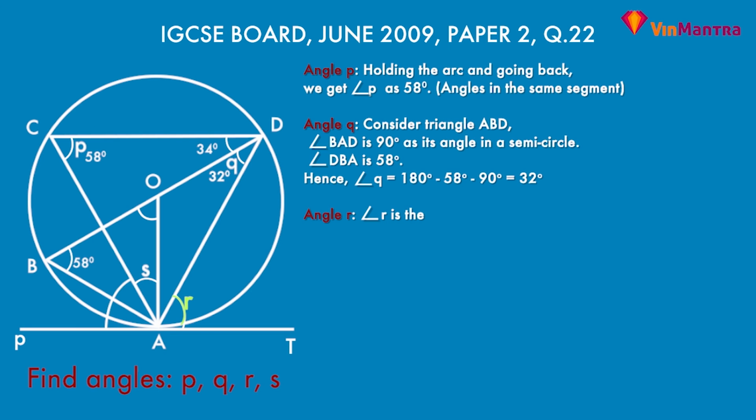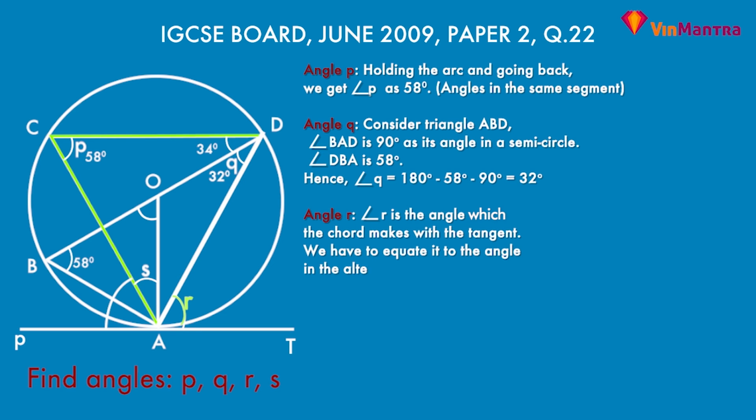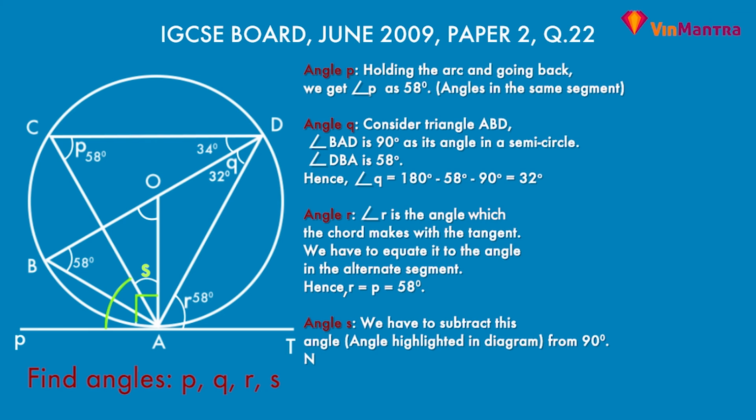Angle R is the angle which the chord makes with the tangent. We have to just equate it to the angle in the alternate segment. Hence, R is equal to P, which is 58 degree. Finally, to find S, we have to subtract this angle from 90 degree.